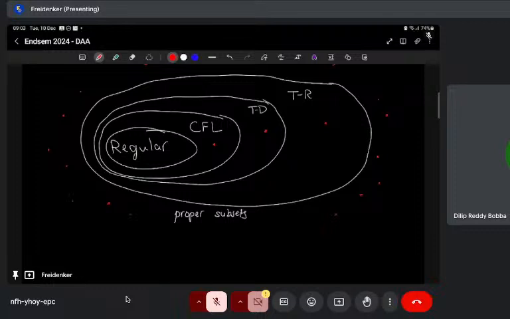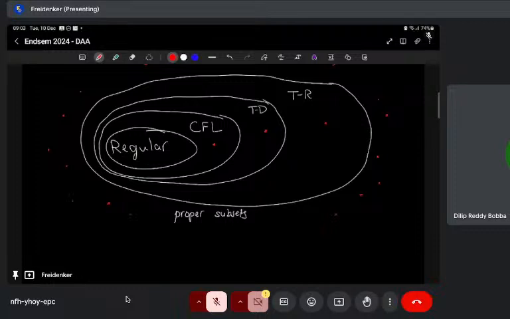Trivial in the sense, we know there are uncountably many problems, but is there any trivial problem, like you can directly give an example? Okay, there is one Turing unrecognizable problem. Can you trivially say that? Okay, this is for sure Turing unrecognizable, because that is how proper subsets work, right? If you find one language that is outside Turing recognizable, then you can say, okay, this is for sure.